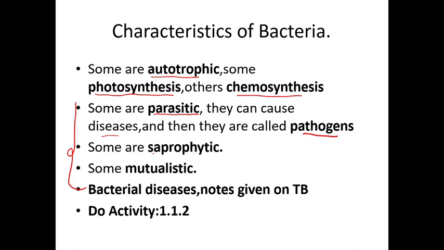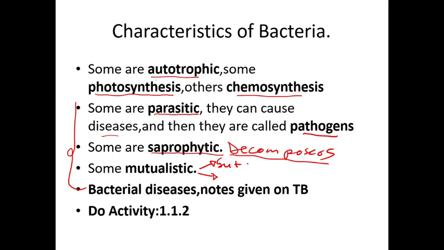Then some are saprotrophic. Basically, these are your decomposers. Very important. We need decomposers in nature. Some are mutualistic, such as gut bacteria. Remember, they might ask you to basically explain the mutualistic relationship of bacteria and other organisms.